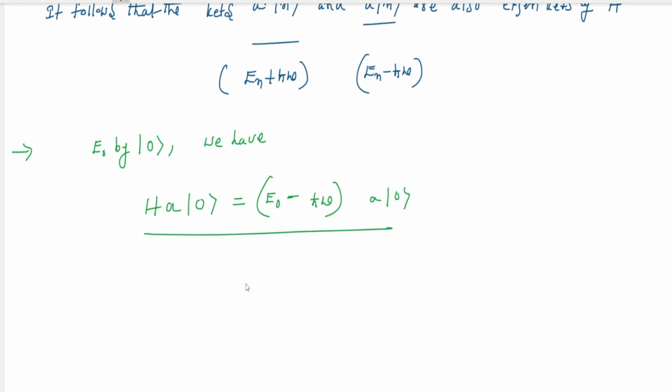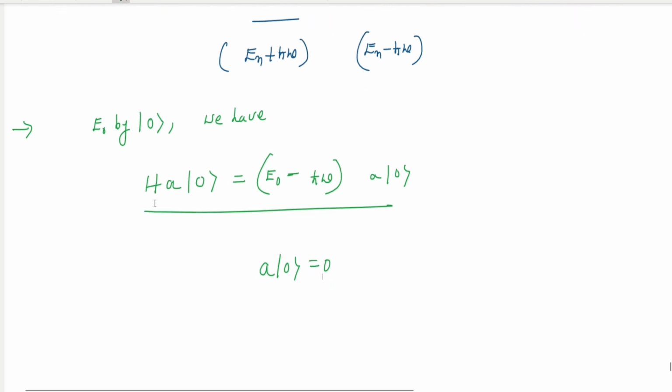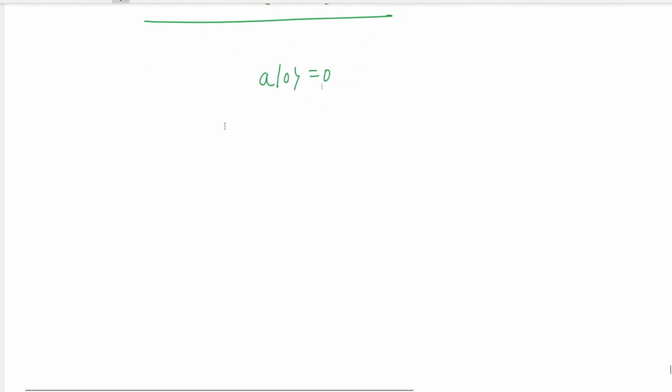From this equation, I'm going to write like this: A into 0 equals 0, right? So therefore, if you apply A dagger to A, equal to 0. Remember these two equations.